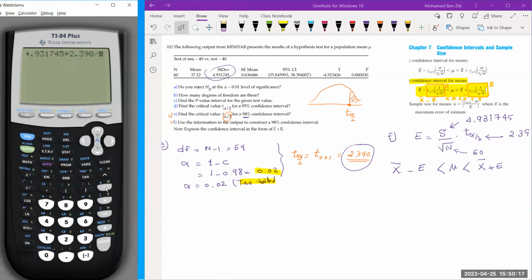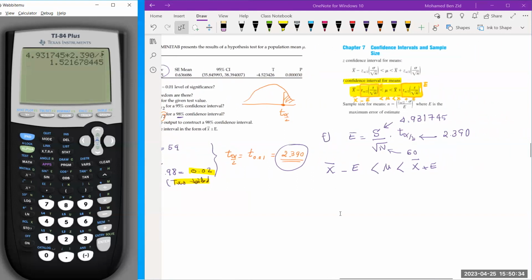And then divide it by the square root of 60. Okay, so you're going to get 1.5216, so 522.